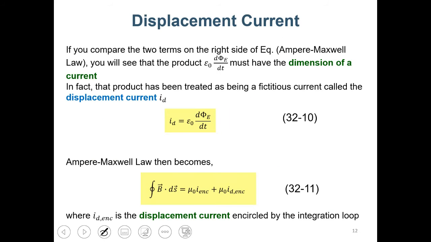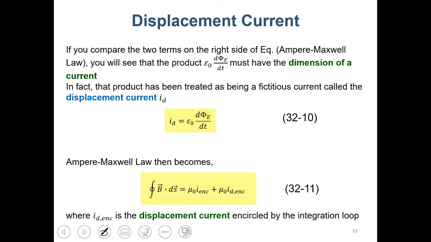Okay, so we talk about this. Just now I already mentioned that for Ampere's law itself, the right side is mu naught I. And for this one, this is mu naught epsilon naught d phi E dt. So usually in physics, we can consider the dimension of the formula to check whether it's correct.